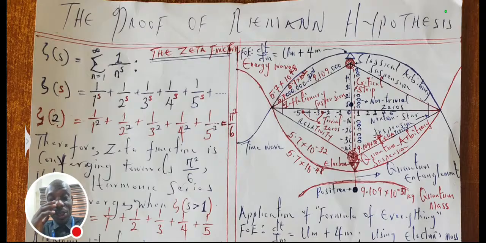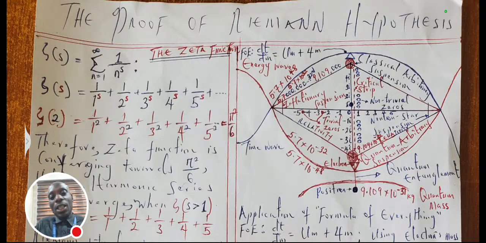This problem has been in existence for over 160 years, and so it's a big problem that, if solved, can provide solution to so many other problems in mathematics, in physics, and in some other fields.